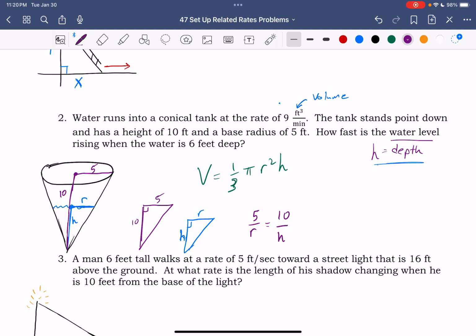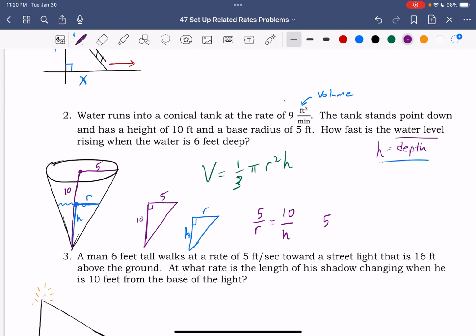And then from there we can cross multiply, and so we get 5h is 10r. Now remember, we want to get the water depth, and so we're looking to get rid of r in this case. So I want to get r in terms of the height, and so I'm going to divide through by 10 and get that the radius is a half of the height.